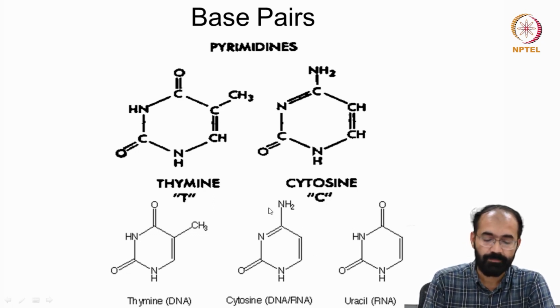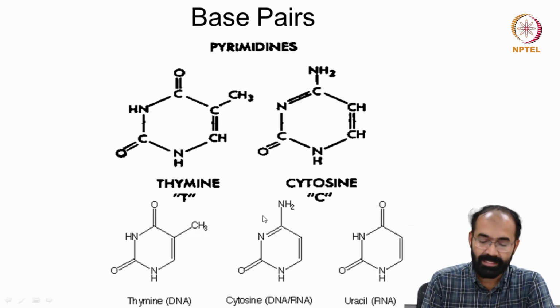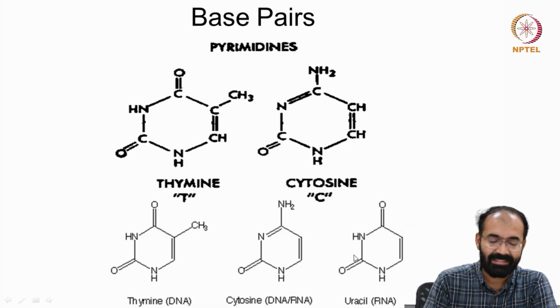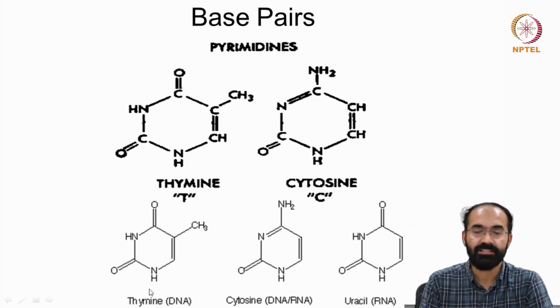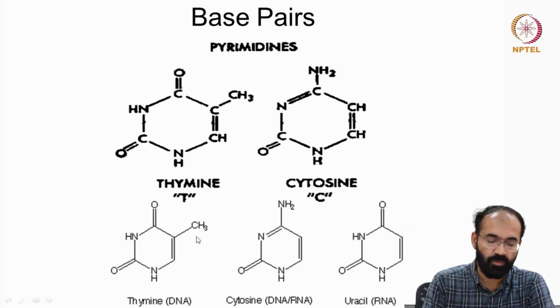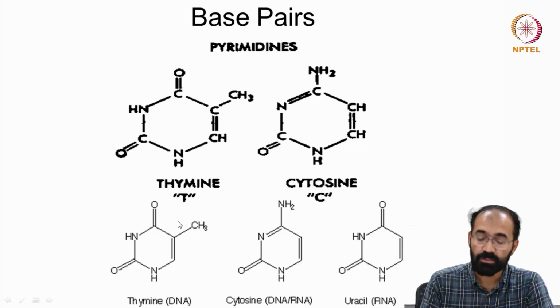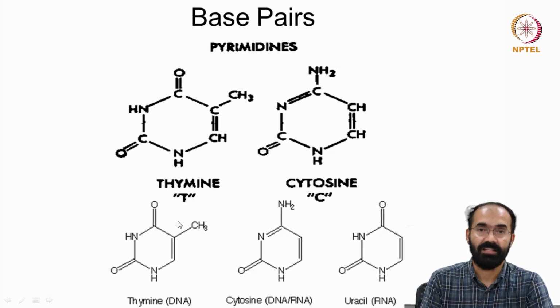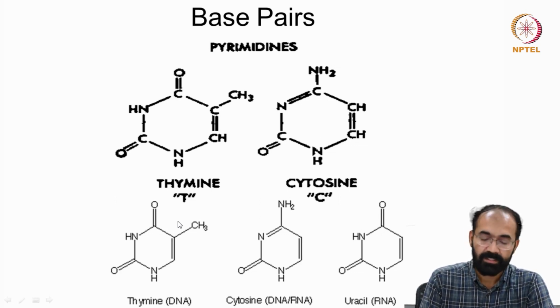And cytosine is somewhere in between. Interestingly, what you have to see is uracil and thymine are one and the same except for one methyl group. We can also call thymine methylated uracil. So if you take uracil and add a methyl group, it becomes thymine.